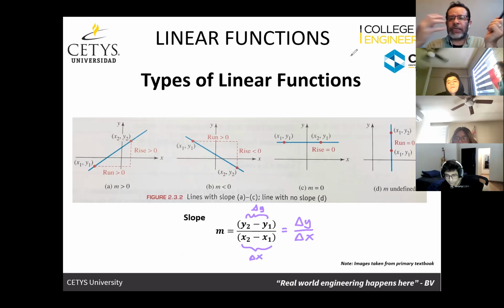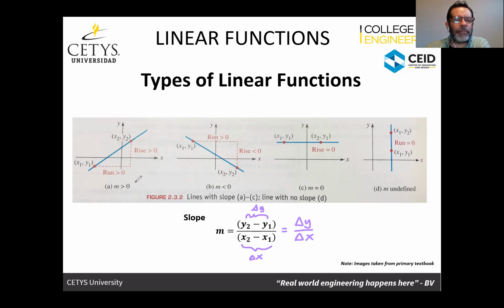Now, there's a few things here that are important. These here are examples of slopes. If m is positive, we're going to see a line that grows like this, or it's going to be inclined towards the positive x-axis.